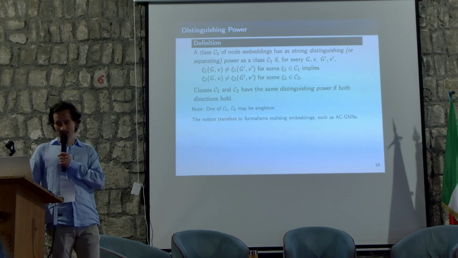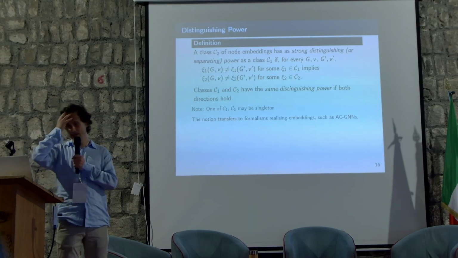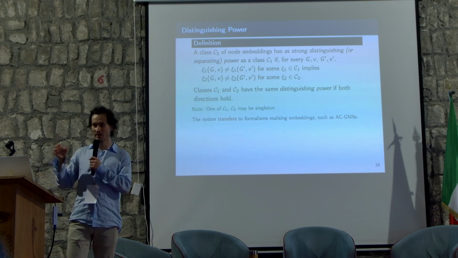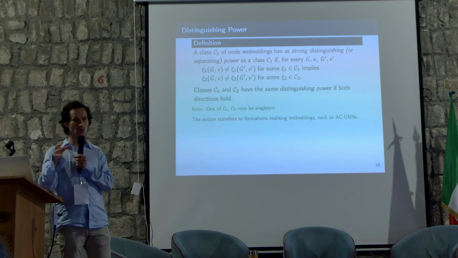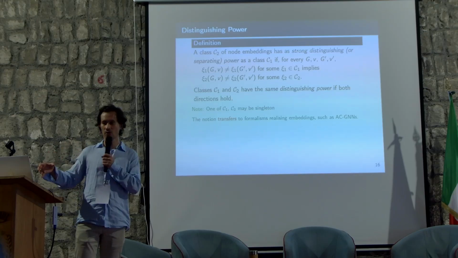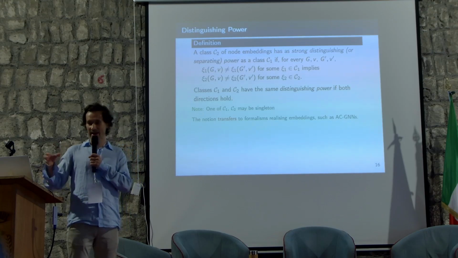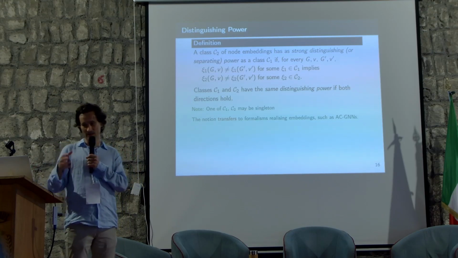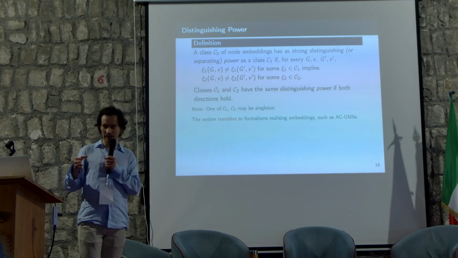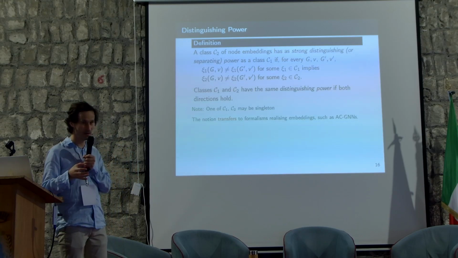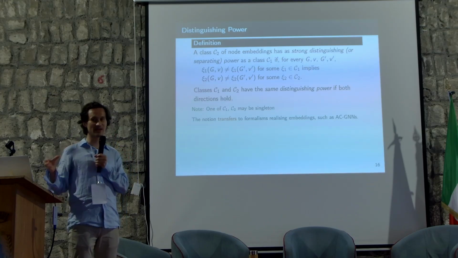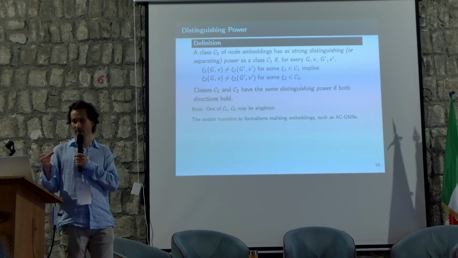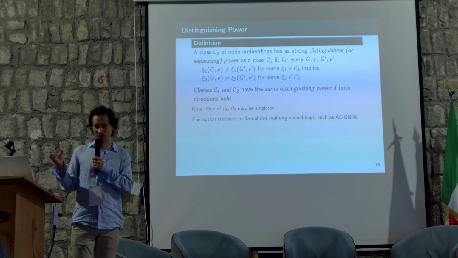So basically, we can define distinguishing power of a formalism, or at least compare two classes of node embeddings, or two formalisms which realize node embeddings. Think about GNNs or something else, it doesn't matter. Some classes of node embeddings in terms of their distinguishing power. And what does it mean for some class to be more expressive in this distinguishing power than another class?